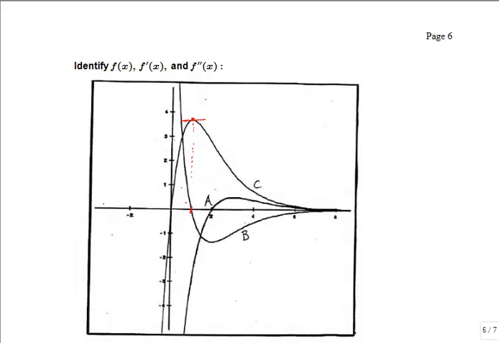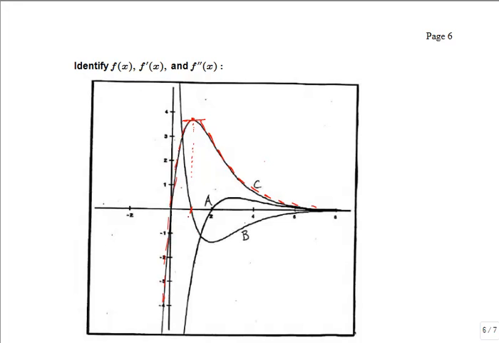And if you look at the slopes of all these tangent lines on the graph of C, they are all positively sloped lines, which corresponds to positive y values to the left of that 0 slope. And then on the other side, when I draw in these tangent lines on the graph of C, notice that they all are negatively sloped lines. They are falling.